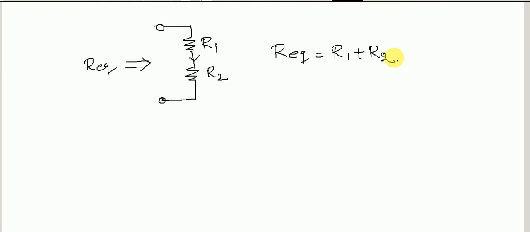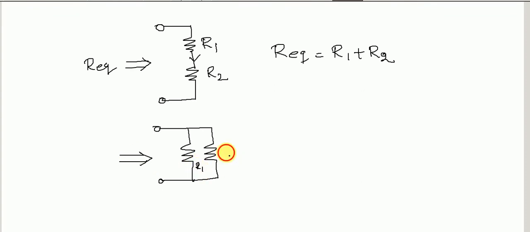Let us see another combination that I hope everybody knows about. What will be the R equivalent of this R1 and R2? I hope you all know about this thing.